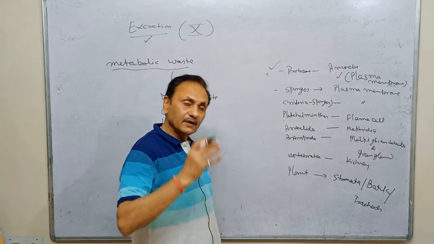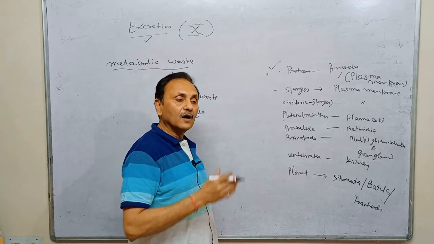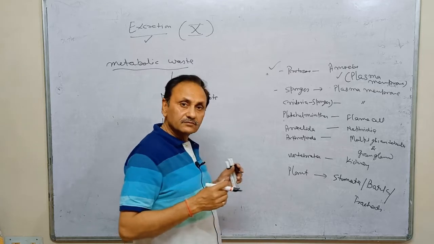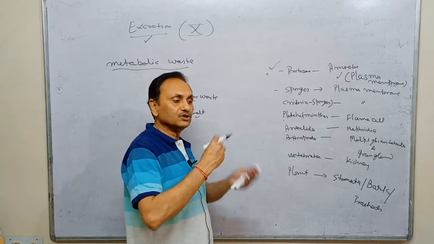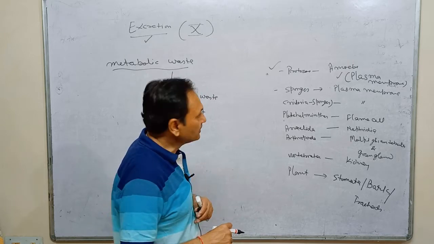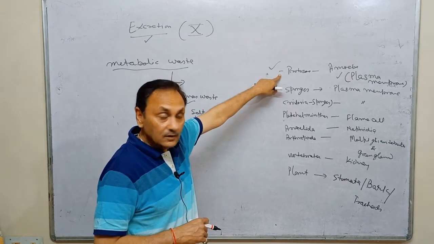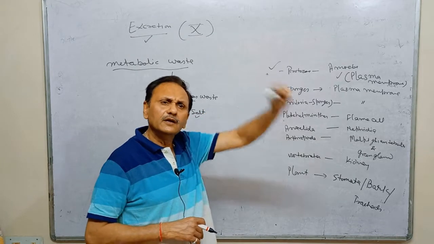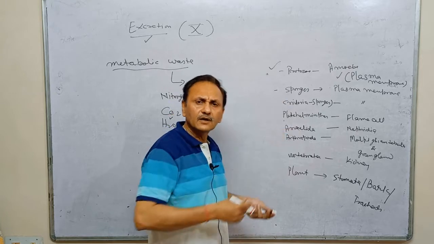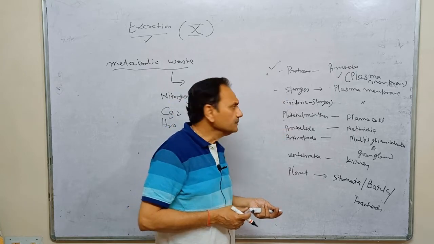Through this plasma membrane, they maintain the concentration of salt and others by endosmosis and exosmosis. If waste accumulates inside the amoeba, it is removed in the form of vacuoles, and ultimately by exosmosis.